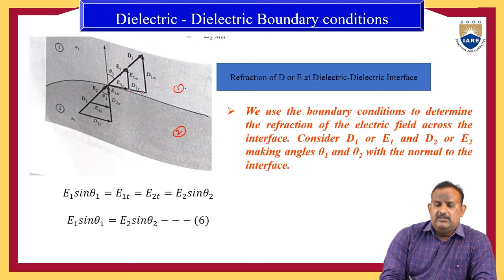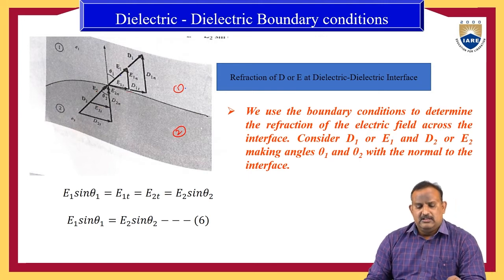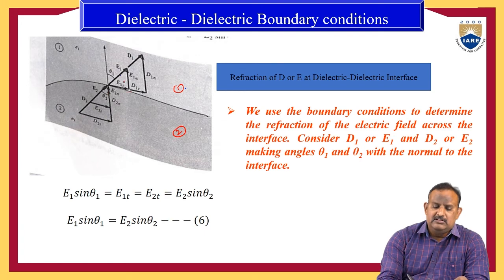Similarly, D1t and D1n give the resultant D1. In media 2, D2t and D2n give D2, and in the small triangle, E2n and E2t give E2. Like that, we assume triangles with angle theta 1 in media 1 and theta 2 in media 2.